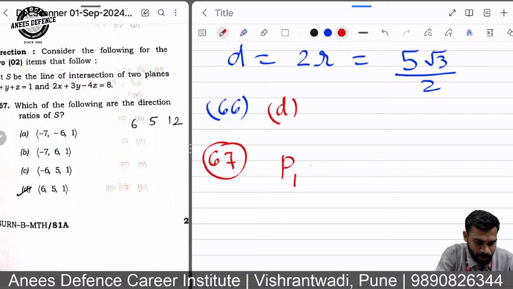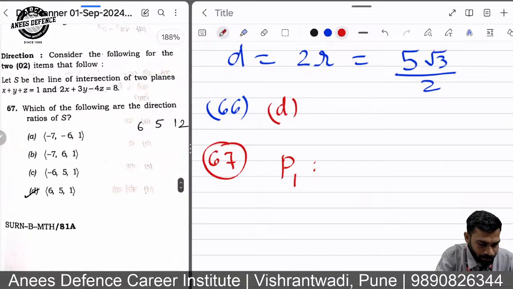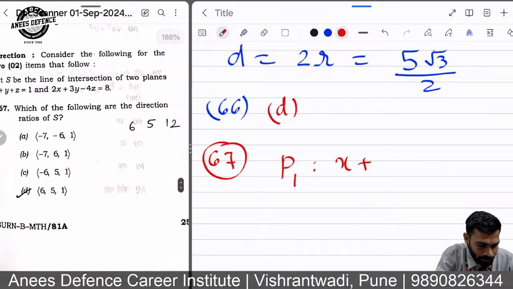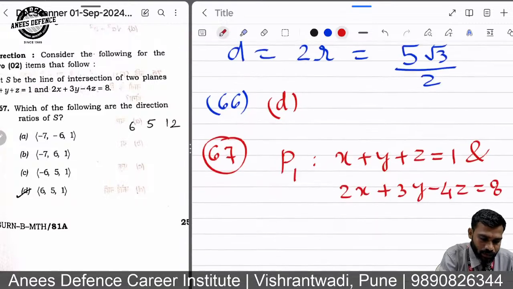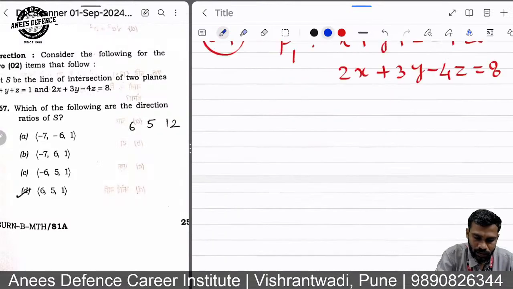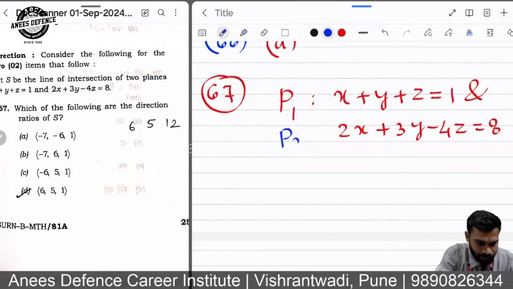So P1 is given x plus y plus z is equal to 1 and 2x plus 3y minus 4z is equal to 8, right? Okay. Next, this is P2. Now, S is the line of intersection of the planes, right?